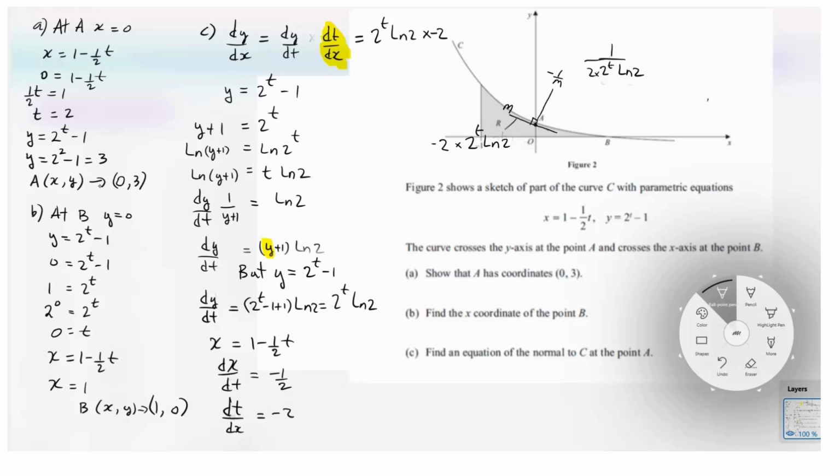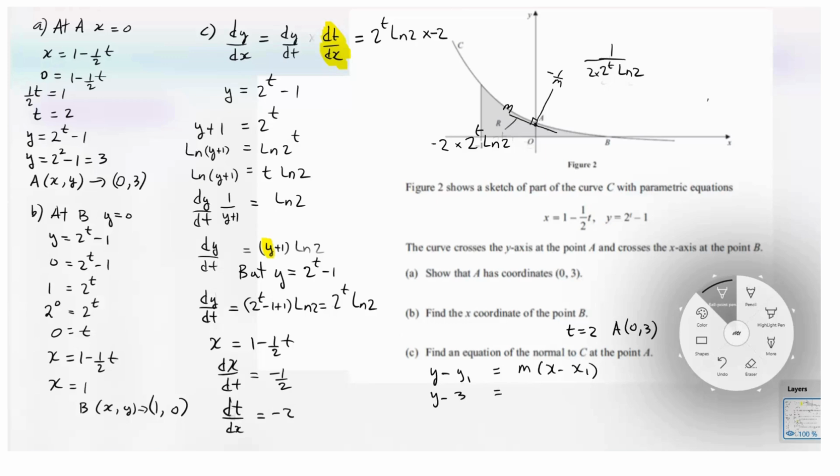So we can write the equation then of the normal, which is y minus y1 equals m into x minus x1. So at the point A we have 0, 3. So at A we know that t equals 2. We can write down this value as well, t equals 2. Okay, so let's write the equation then. So we have y minus y1, which is 3, into m.